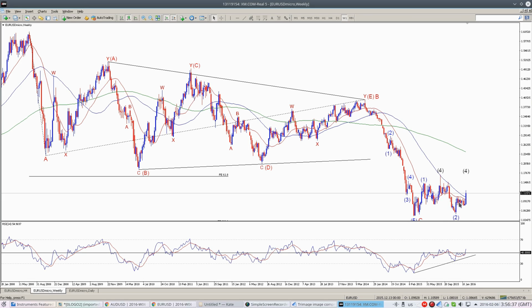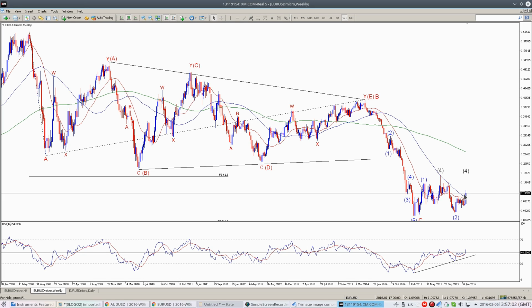And then for 1, 2, 3, 4, 5, 6, 7, 8 weeks this 21 week SMA was providing resistance until last week, when prices finally broke above it, and they also broke above the 55 week SMA.